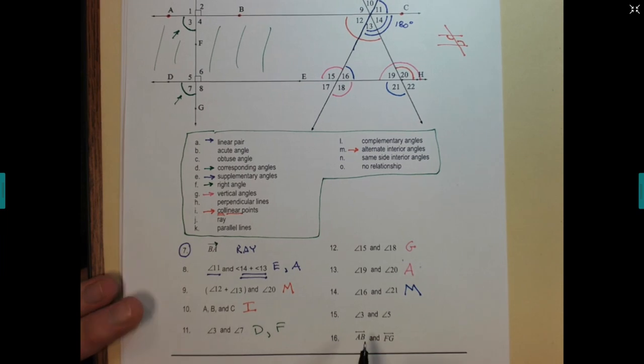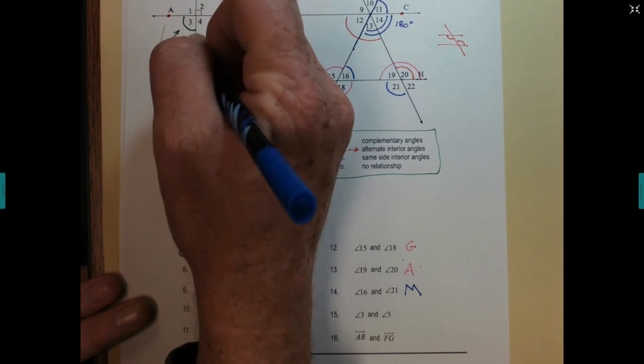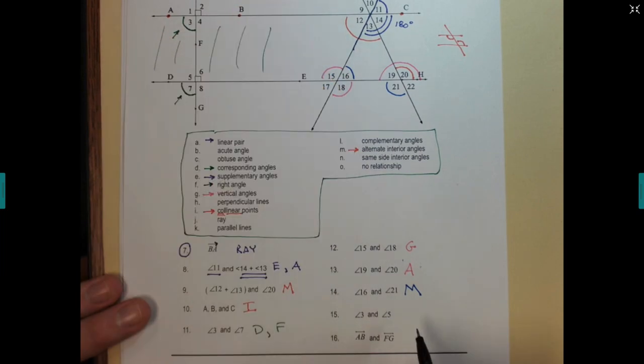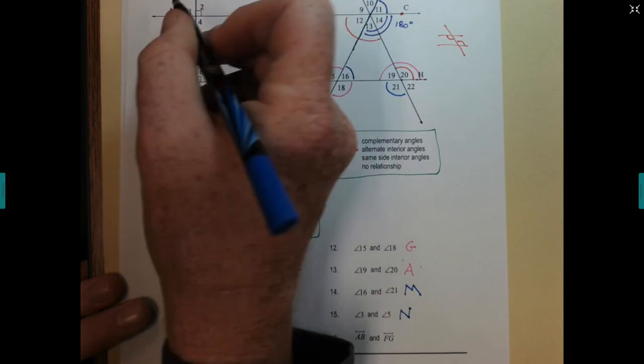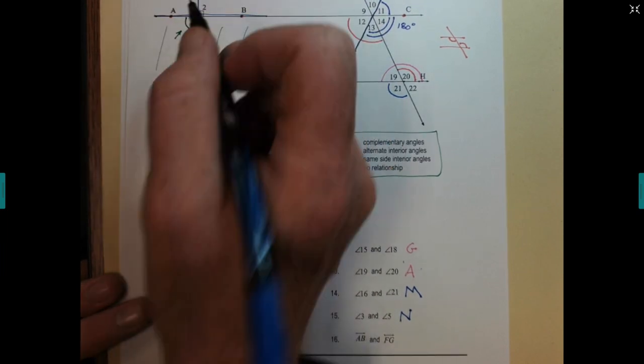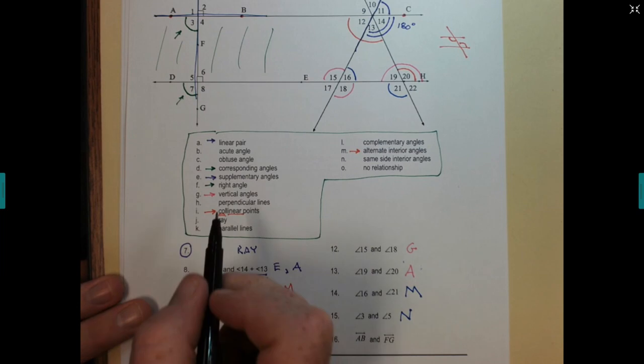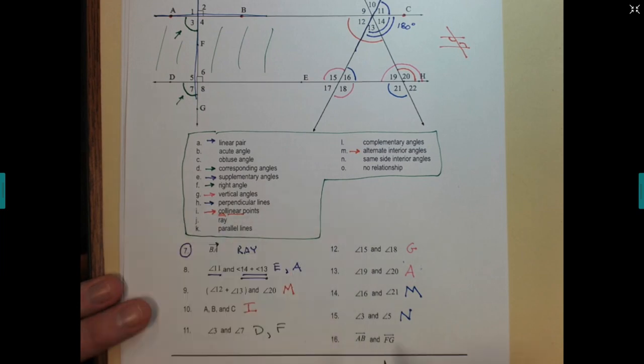Angle 3 and 5. Same side interior. And then line AB, line FG. If they intersect to form right angles, perpendicular lines.